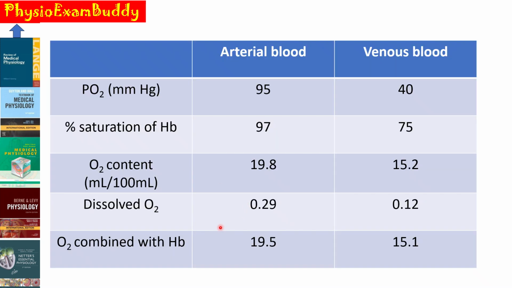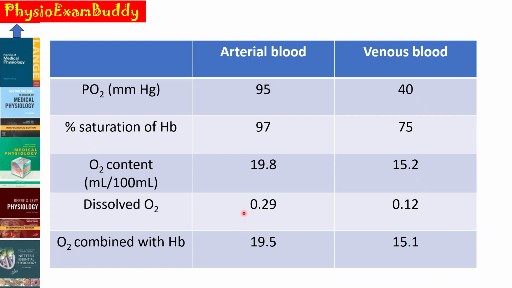Now we will see the concise form of the oxygen transport. First of all, about the oxygen content of the blood. It is the total amount of the oxygen in 100 ml of the blood, that is, the sum of the oxygen combined with the hemoglobin and in solution together.